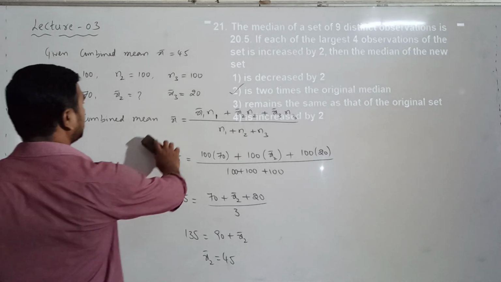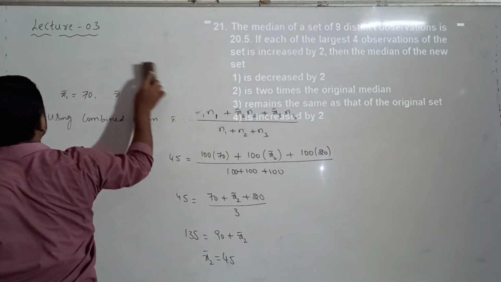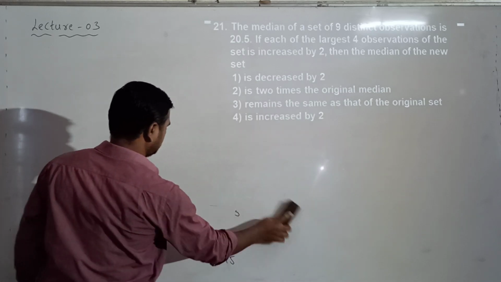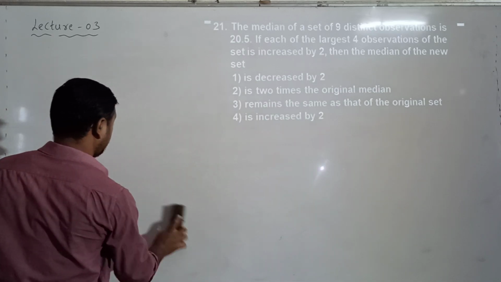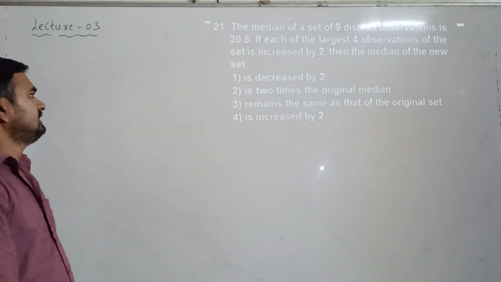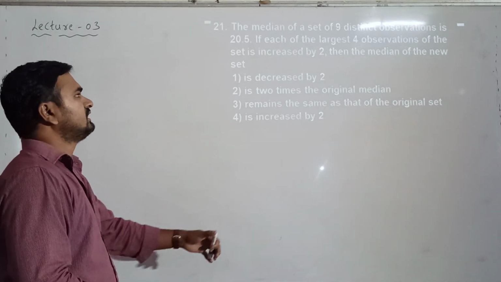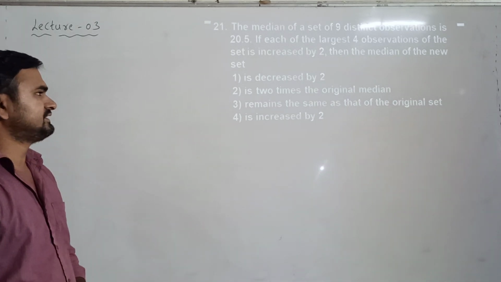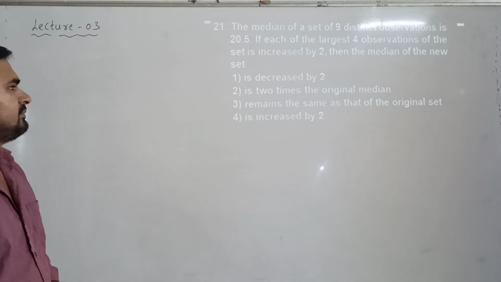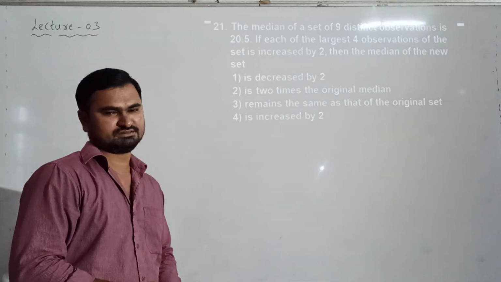Question number 21. The median of a set of 9 distinct observations is found to be 20.5. Now if each of the largest 4 observations of the set is increased by 2, then the median of the new set is.